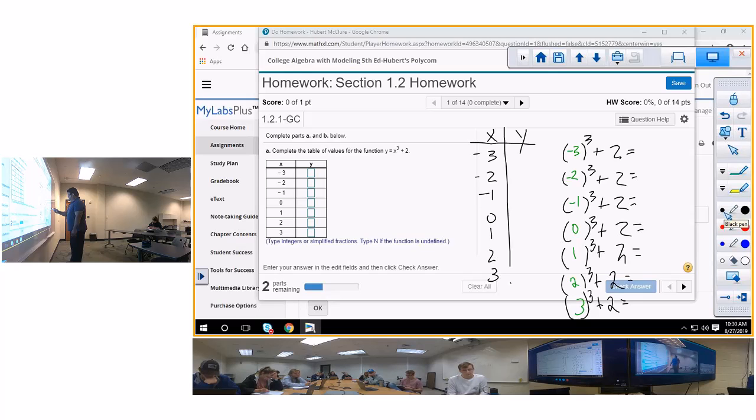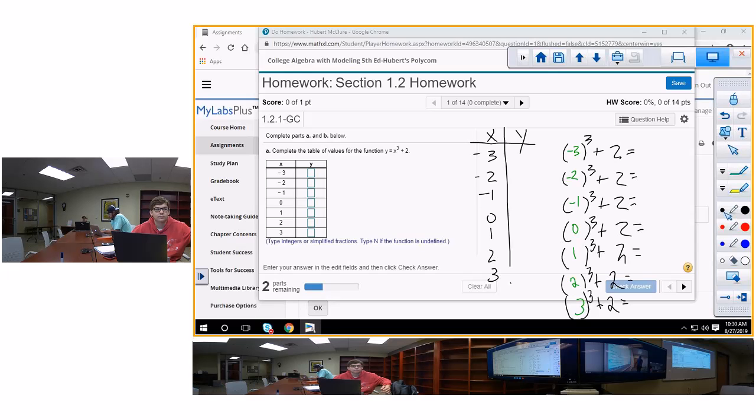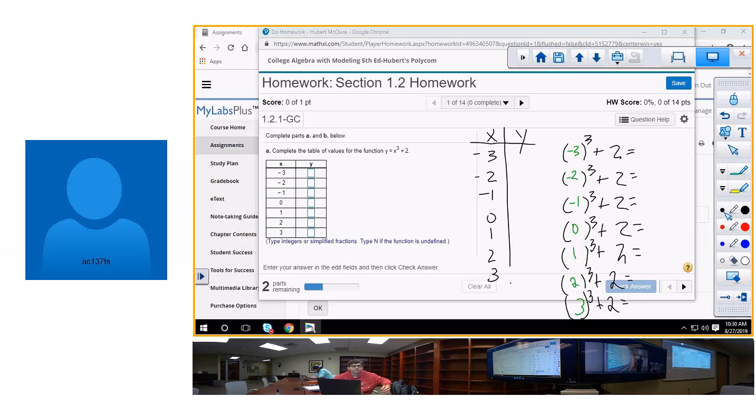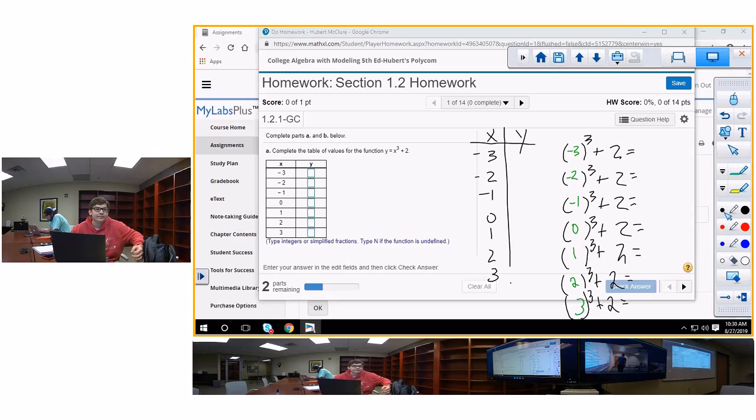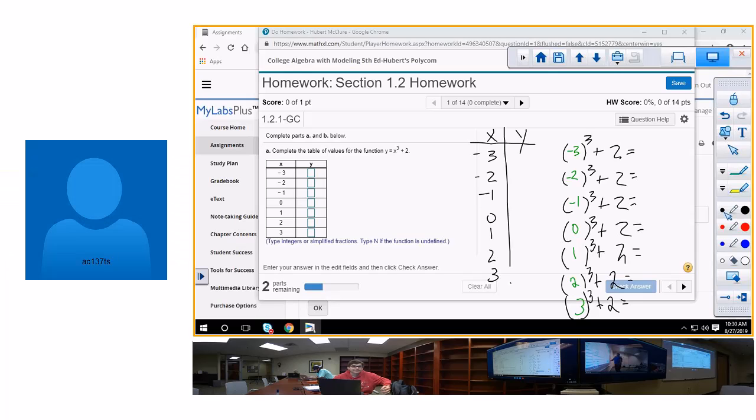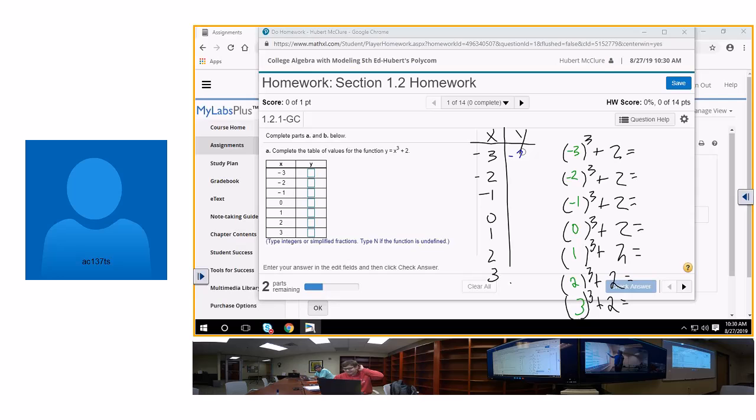-3 to the third power is what? It's -27. -27 plus 2 is -25. There you go. What's -2 to the third power? -8 plus 2 is -6. -1 plus 2 is 1.